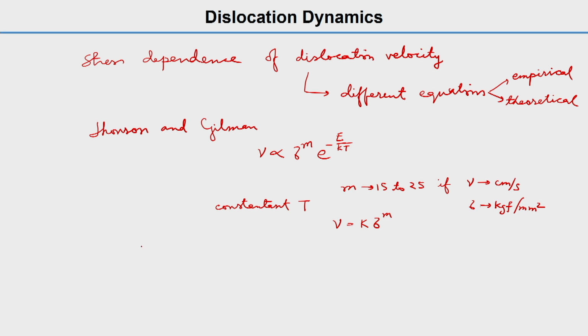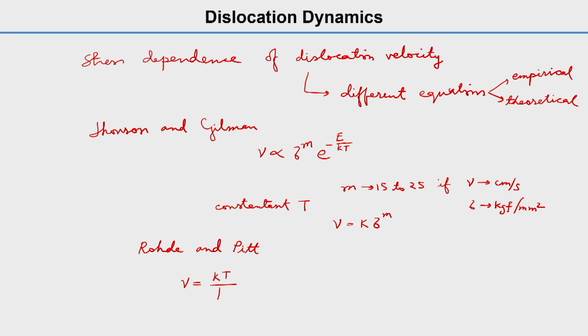So similarly we will write another relation. There are several relations that can be found for the dependence of dislocation velocity on stress. For example, the Rodriguez and Pitt relation is a little longer and a little complex looking.